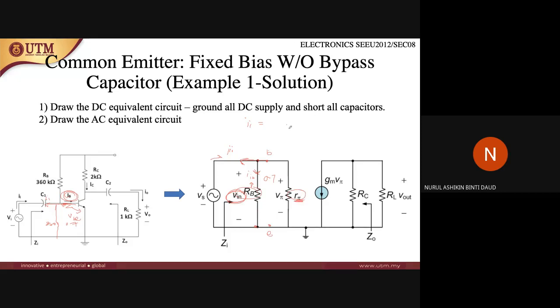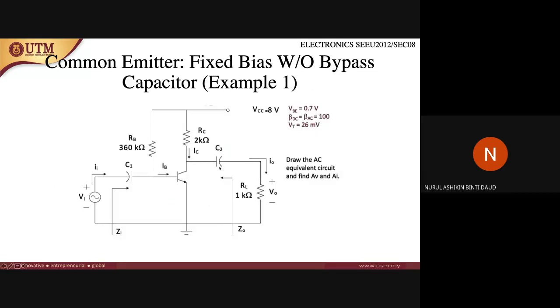So V in is equal to I in, sorry, II times R total resistor, RB and R pi, which is parallelly connected. So this value we can find. V in and Vs, it is not given here, the value of V in. VCC 8, wait, yeah.